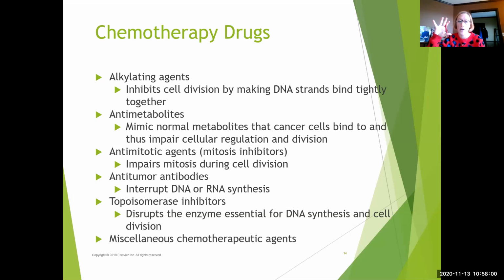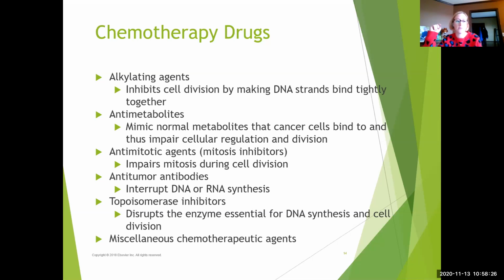A common alkylating agent that's used is ifosfamide, the other name is IFEX, and a side effect that it tends to have is hemorrhagic cystitis. So it's very common for that. So they often will be on another medication to prevent that hemorrhagic cystitis, which is called Mesna.